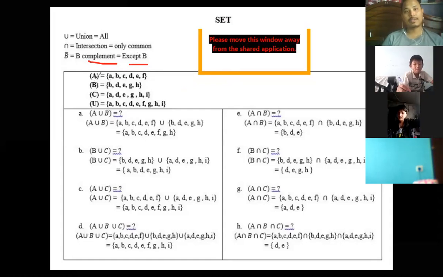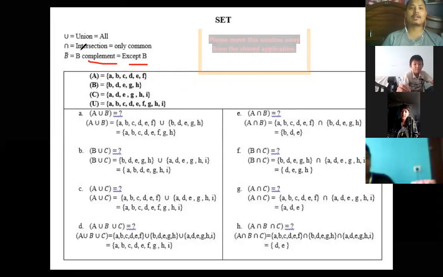Here we can see that the value of A is given, the value of B is given, the value of C is given. And this U is not union. There are two U's over here. This U means the universal set. Universal means all.